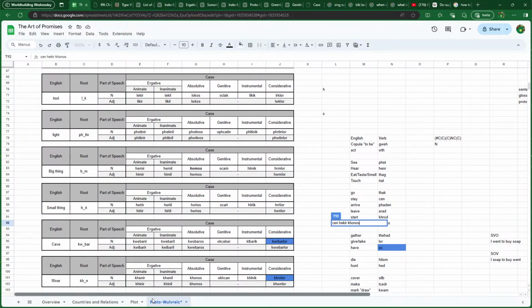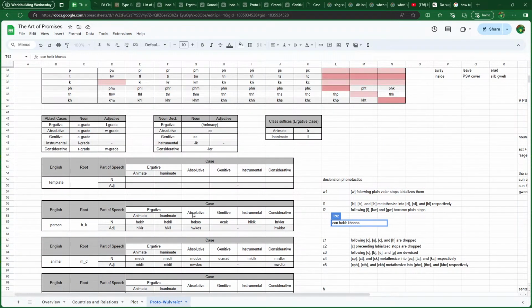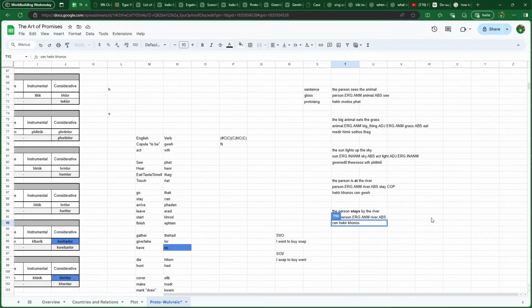It would be shen hokos. Because if this is how it was handled, then this would make no sense. These would have to be intransitive.